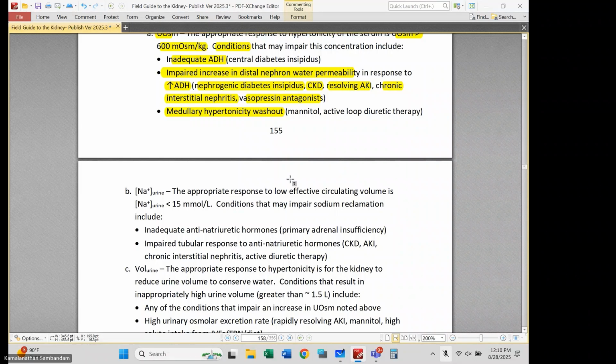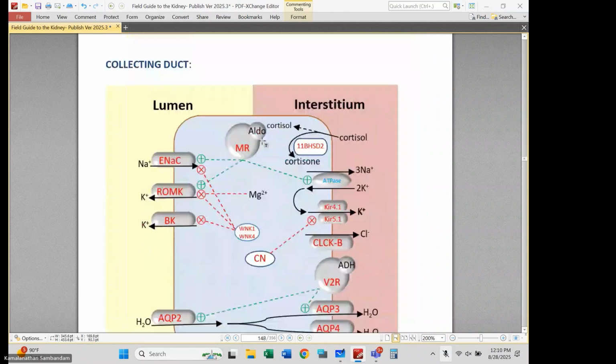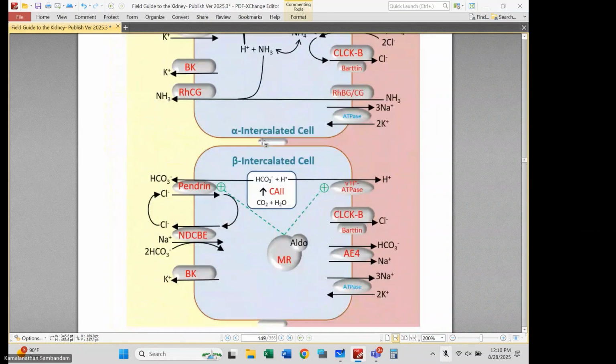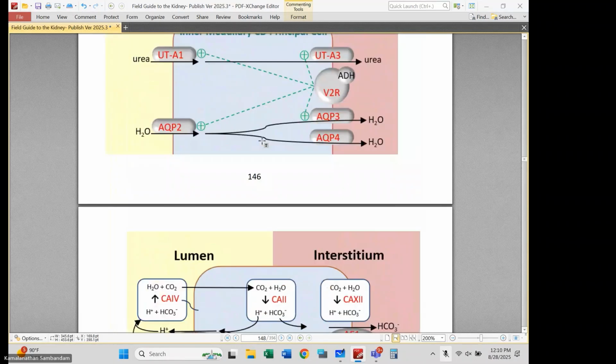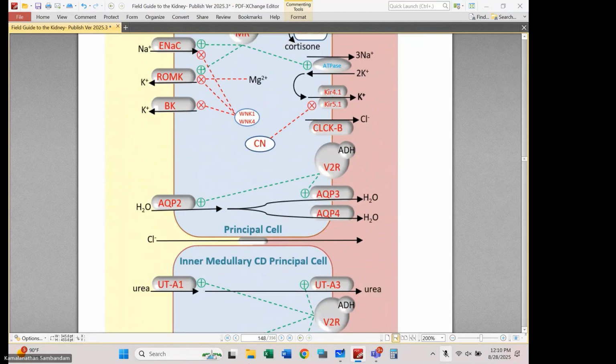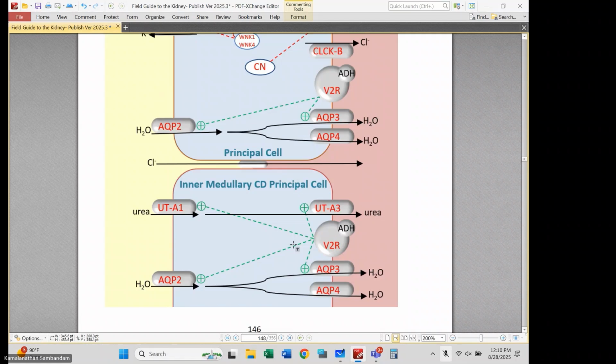Remember, we talked about how ADH increases medullary tonicity through enhancing the recycling of urea. So I'll just make that point once more, that urea transporters are also influenced by vasopressin. And that increase in medullary tonicity enhances water reclamation in addition to the increase in water conductance through aquaporins.